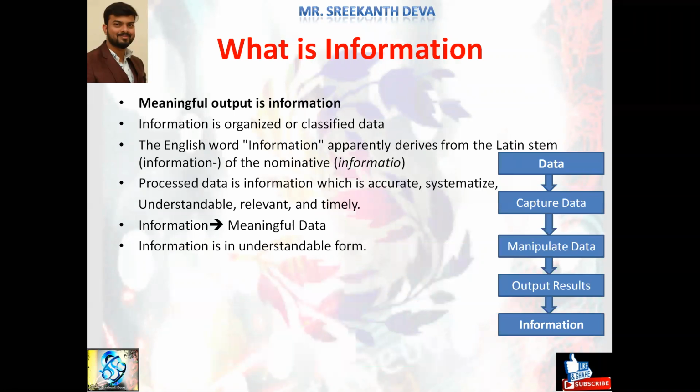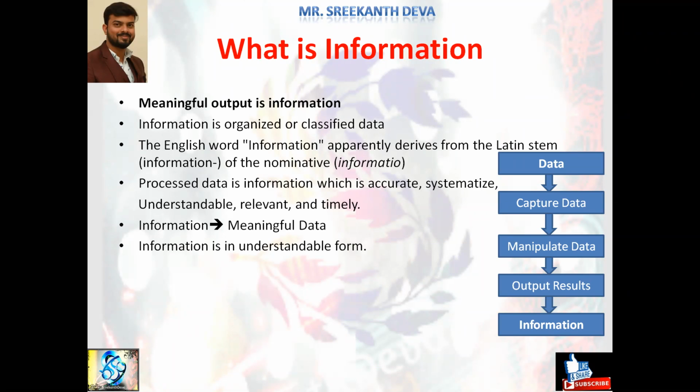What is information? Meaningful output is called information. Information is organized or classified data. This English word information apparently derives from the Latin stem of the nominative informatio.